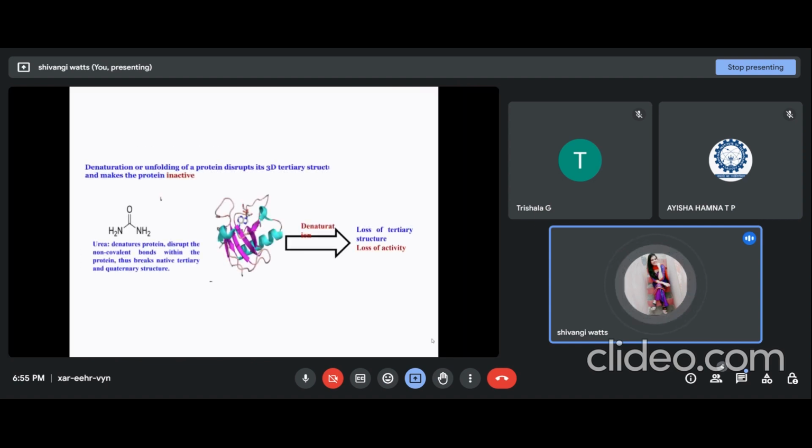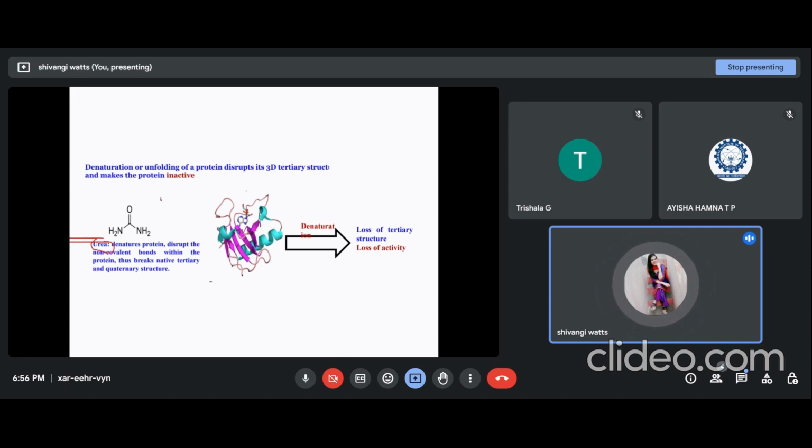So this is the denaturation. Denaturation or unfolding of a protein disrupts its 3D structure and makes the protein inactive. So urea, beta mercaptoethanol, these compounds are responsible for disrupting the structure of a protein, or we can say they will denature the protein.